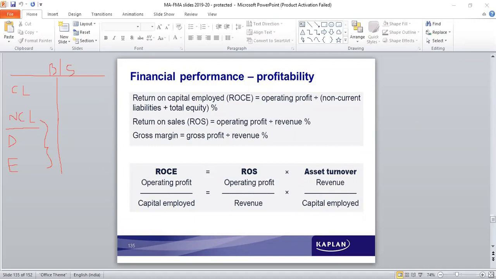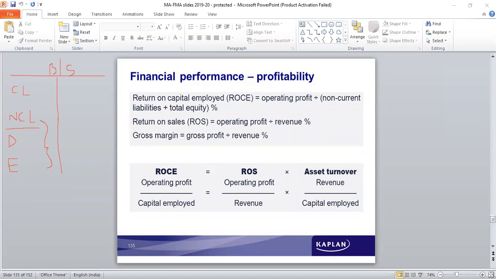After this, if equity shareholders are paid some amount, we see equity dividend, or common equity dividend. And this is called retained earnings.